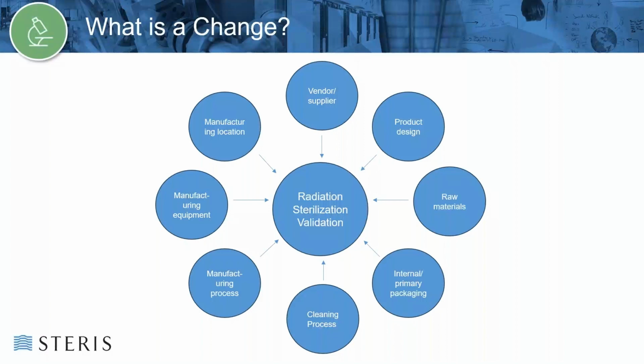Change in primary packaging, which could be a change in sterile barrier or internal packaging materials. We could also have a change in manufacturing, a change in manufacturing equipment, or the manufacturing process. Additionally, we could see a change in cleaning process, which could be a change in chemistries used in the cleaning process.